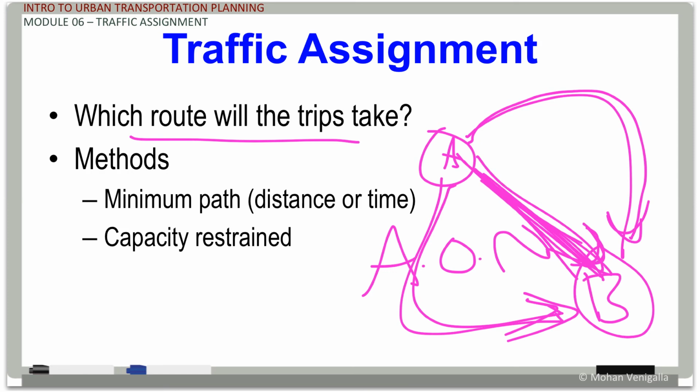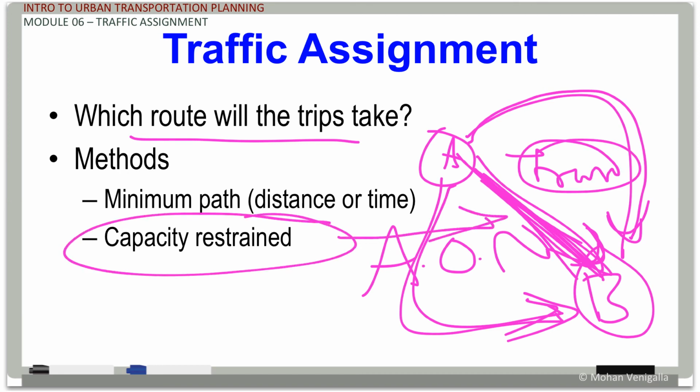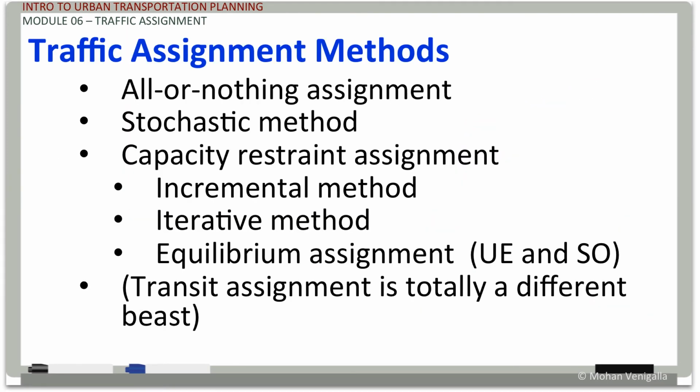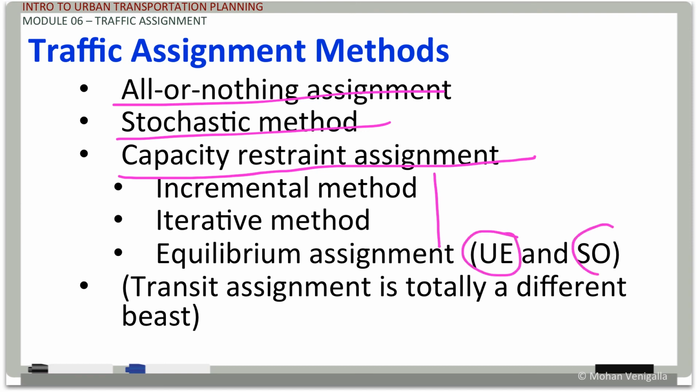That depends on the traffic, meaning volumes. That is when capacity restraint comes into the picture. So essentially, that's where we are headed. The methods we are going to learn are all or nothing, stochastic method, and capacity restraint assignment. Within that, you have incremental method, iterative method, and equilibrium, user equilibrium, and system optimal.